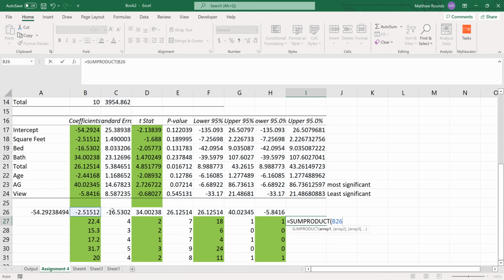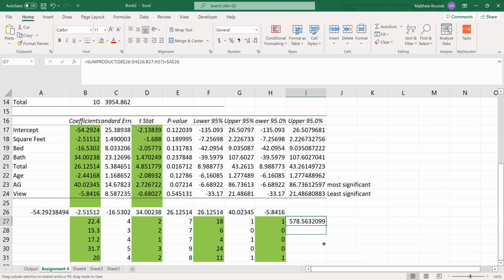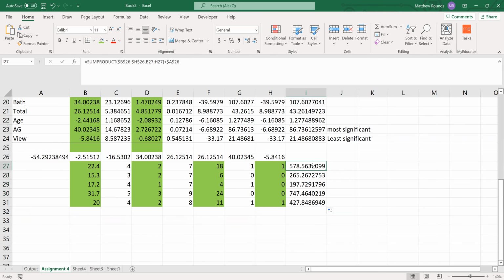Okay, so we're going to take this row, hold it, multiply it by the next row, and then always add this number here. All right, so there's our first prediction value. And there it is. I'm just trying to shortcut how to do this in Excel, but you're just multiplying the numbers by the coefficients, adding the intercept, and getting your output there.